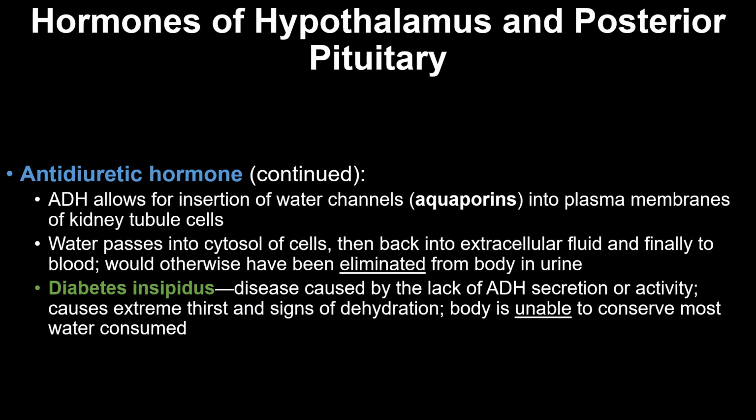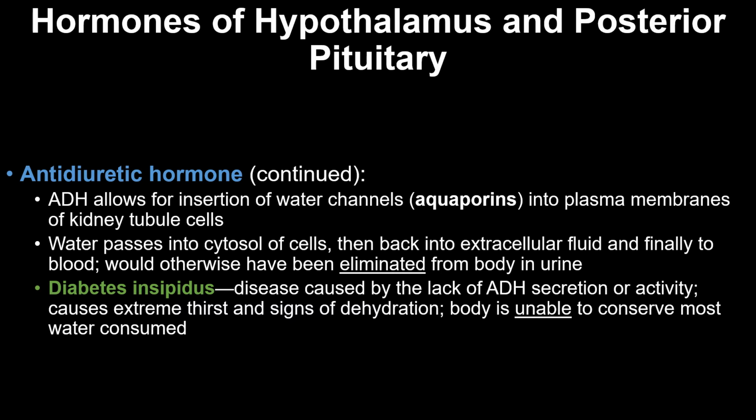Water can enter these cells only via aquaporins, and so aquaporins are inserted only in the presence of ADH. Aquaporins allow water in the tubules to enter the cytosol of kidney cells through osmosis, reducing the amount of water remaining in those kidney tubules.